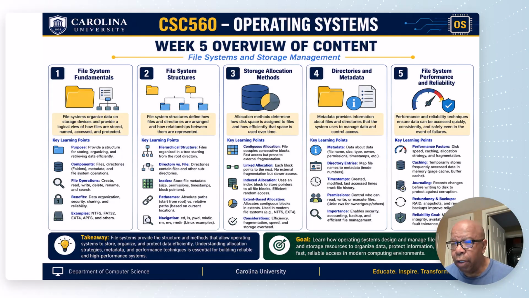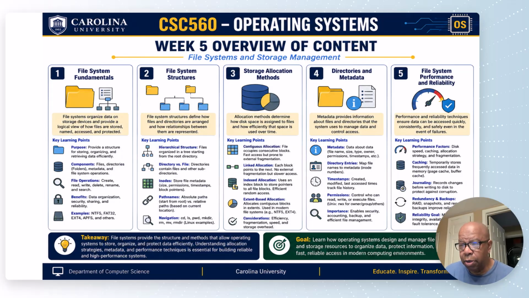After looking at the file system fundamentals, the next thing we can talk about is file structures. File system structures define how files and directories are arranged and how relationships between them are represented. Key points. There's a hierarchical structure. Files are organized in a tree starting from the root of the directory to the lower level files.